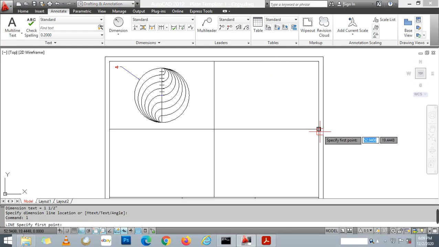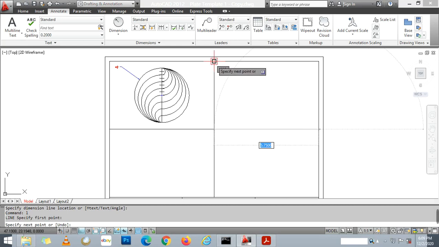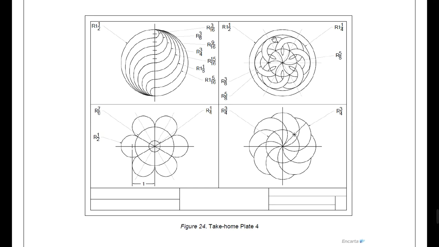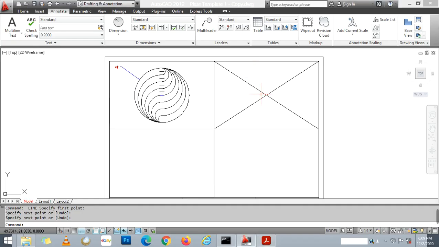Okay, again, you need to locate the center point. Okay, that's it. Then we have this radius r 1.5. Circle with radius 1.5.